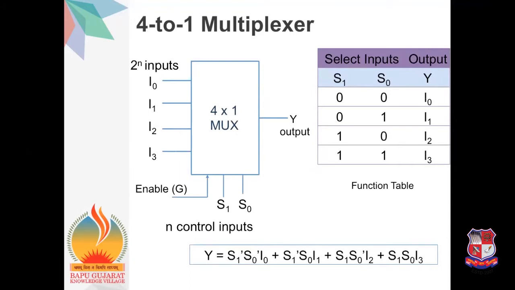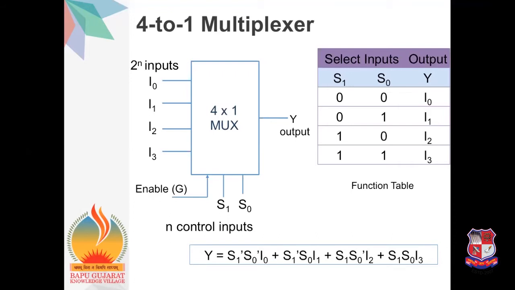It has 2 select inputs, S0 and S1. Due to 2 inputs, we have a total of 4 possible combinations, and that's why in the function table the 4 possible combinations are shown, and for each of these 4 combinations the respective outputs are also shown.